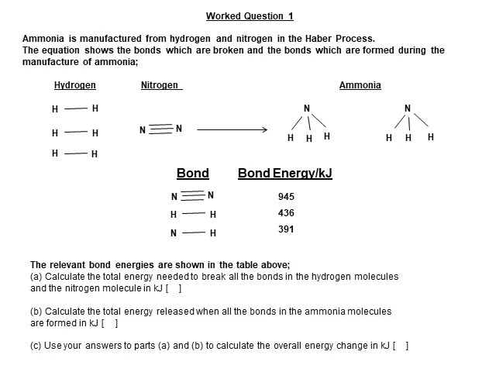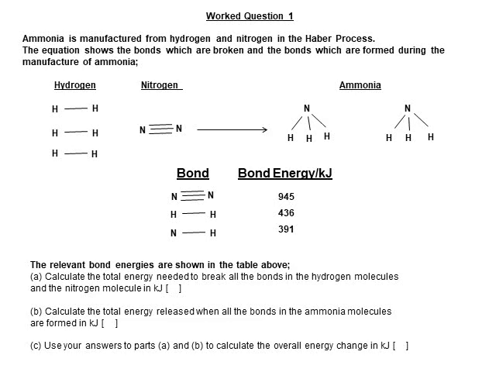Calculate the total energy needed to break all the bonds in the hydrogen molecules and the nitrogen molecule. Okay, so you have 3 hydrogen single bonds, so 436 times 3, that gives you 1308. Then you have 1 nitrogen triple bond, which is 945, giving a total of 2253 kilojoules.